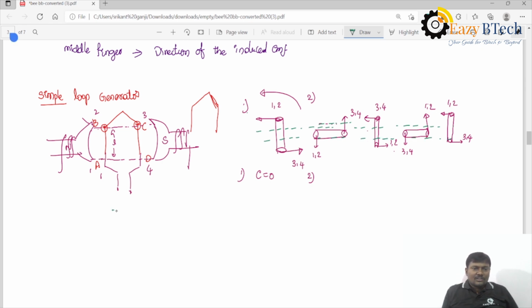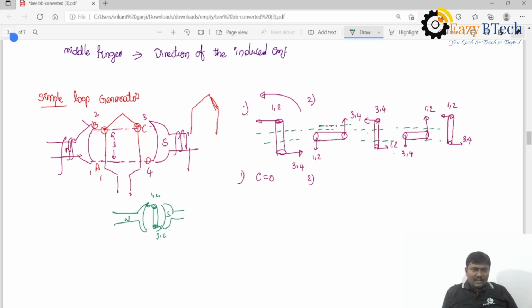Here I have poles like this, north pole and south pole. The coil position is like this, 1 comma 2 and 3 comma 4, and it will be rotating in an anti-clockwise direction. So the number of flux lines cut by the conductor is maximum.